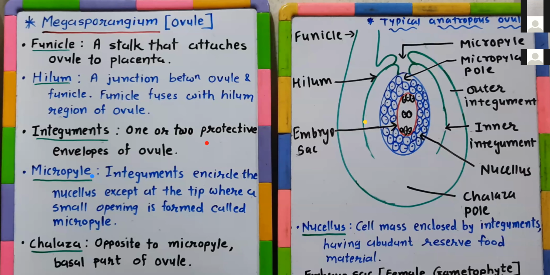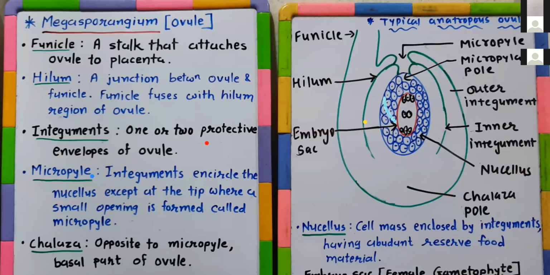But the one term that is given related to it is the anatropous category of ovule. The ovule in which the funicle, the micropyle, and the chalaza are in the same axis is called the anatropous category of ovule.